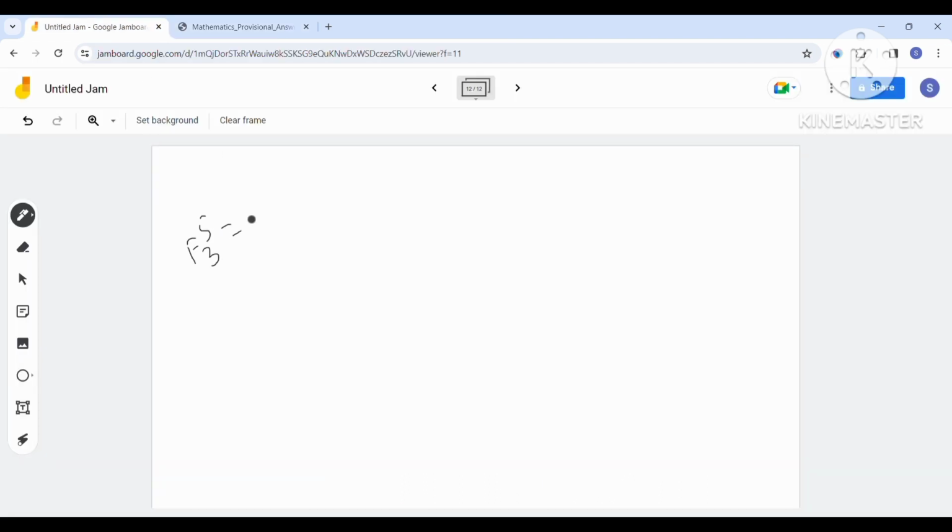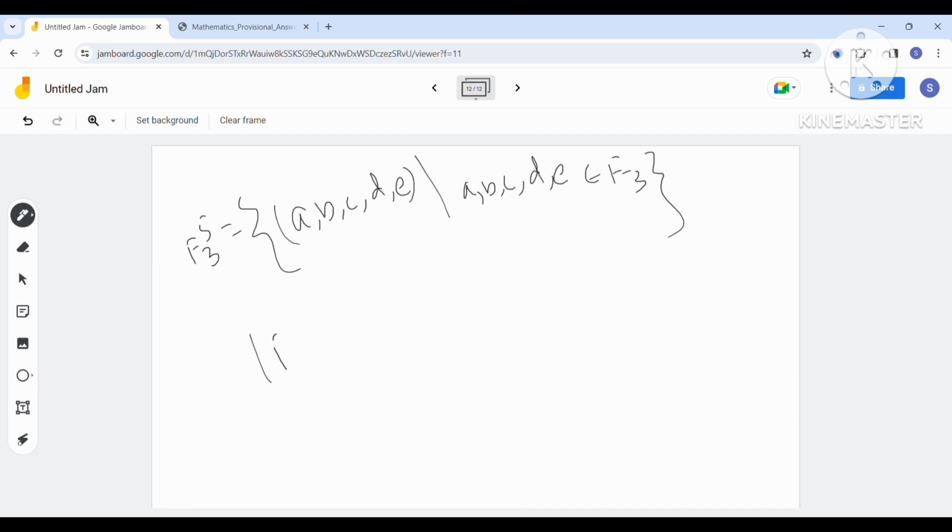So first you have to observe what is the type of elements, right? The elements of F3^5 look like this, and the cardinality of this is basically 3^5.